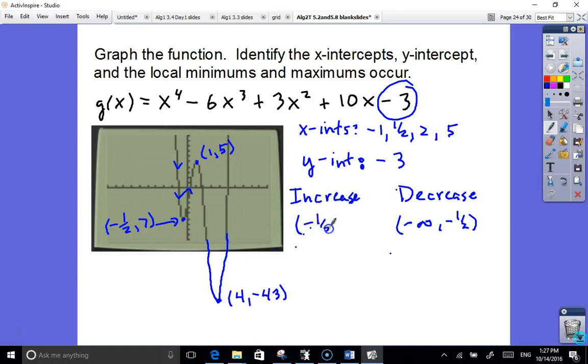Negative 1/2 to positive 1, right? The x-coordinate of the next turning point. Okay, then it's going down again. It starts at this turning point where the x-coordinate is 1, and it stops at 4. And this last interval starts at 4 and goes to infinity. Right? Those aren't points, those are intervals. Interval notation.